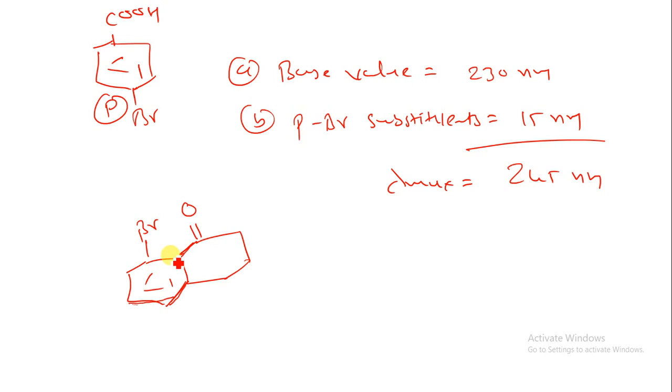At that time, this is my ortho position. Now at this ortho position I am having a group. Let us consider this as a Br group and this as my chain. So I have to consider this as a group, and in that group I have to add an ortho position like this.